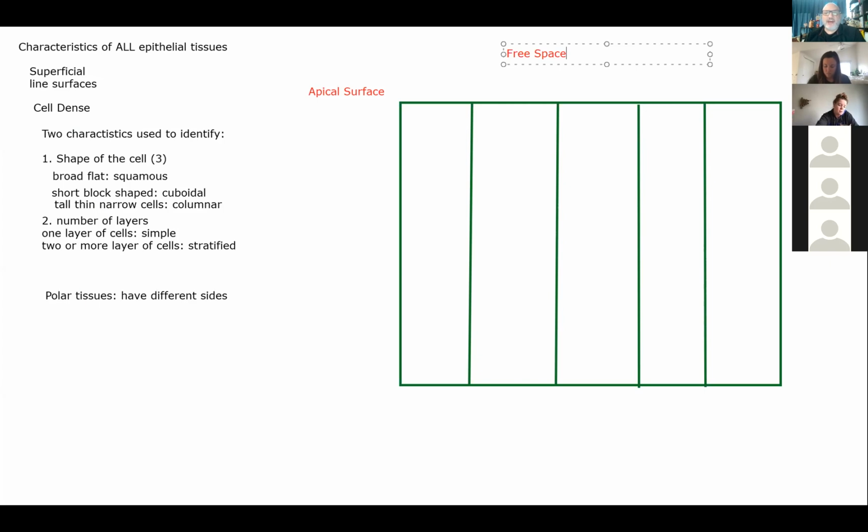What's the space inside of a hollow organ? There you go. Absolutely, a lumen. It's always a free space, but if it's enclosed, we would call it a lumen. All lumens are free spaces, but not all free spaces are lumens. Again, fun with vocabulary. If enclosed, it would be a lumen.